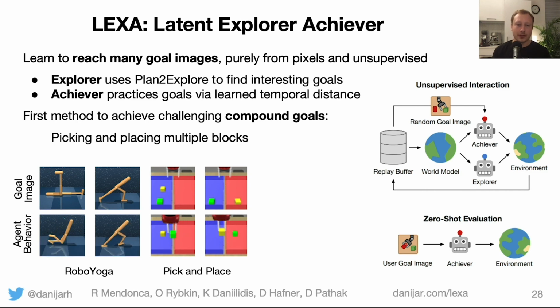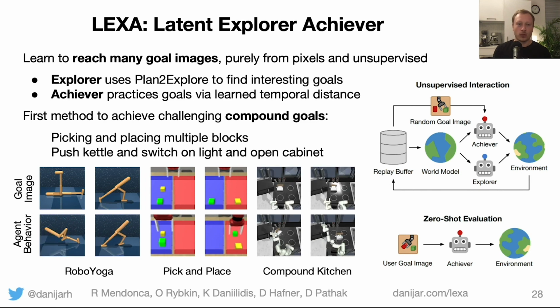For example, on the right, we see a pick-and-place task where the robot has to move both blocks after another to achieve the goal image. In the complex kitchen environment, LEXA can perform goals or tasks that require 3 steps after another, such as moving the kettle, switching on the light, and opening the cabinet, all in one row.